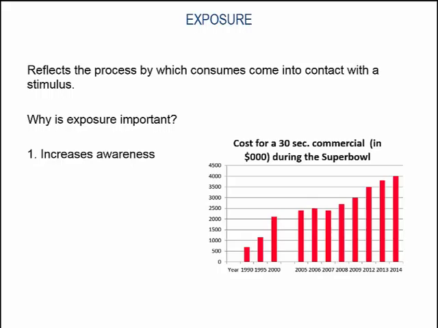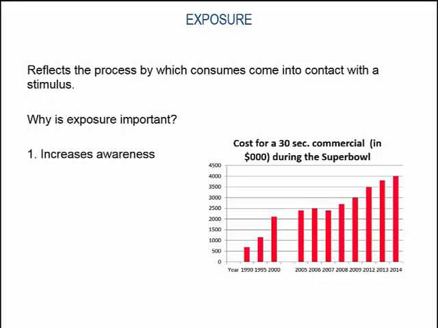So exposure is the very first threshold through which a marketing stimulus has to go so that it has any impact on consumers. We define exposure as the process by which consumers come into contact with a stimulus. Now, let's see what the effects of exposure are and why exposure is important.